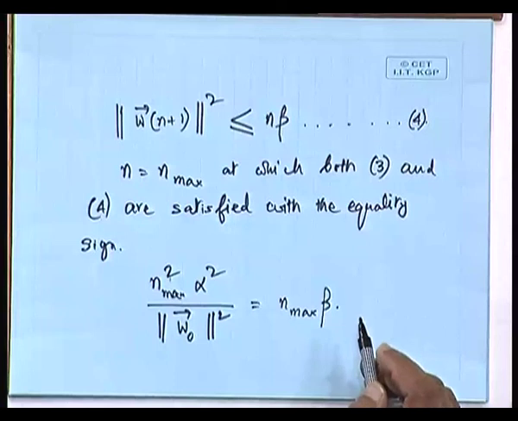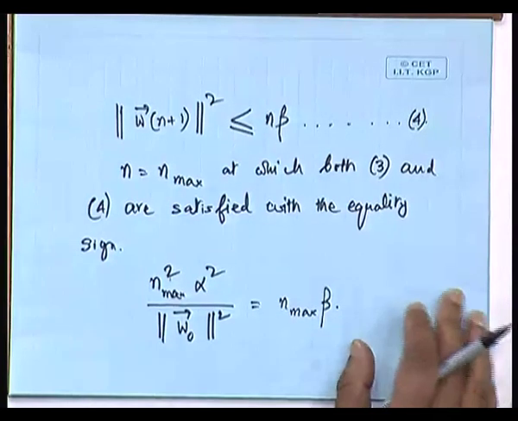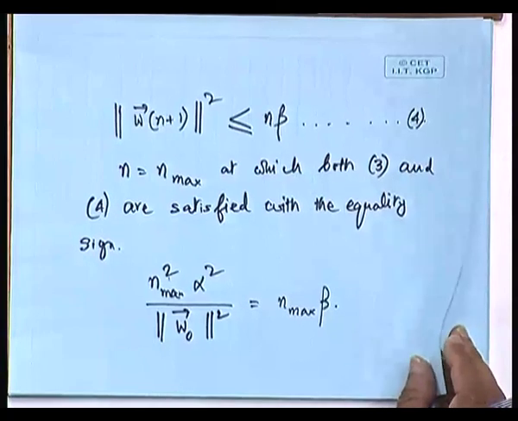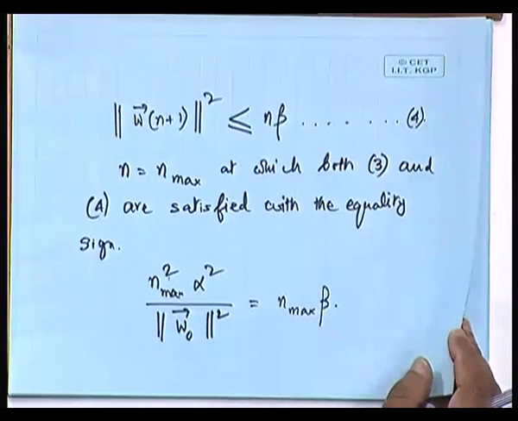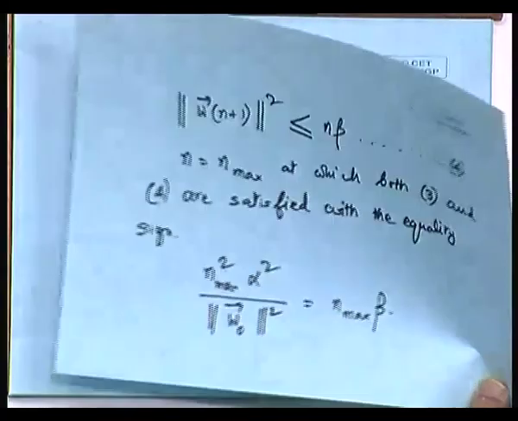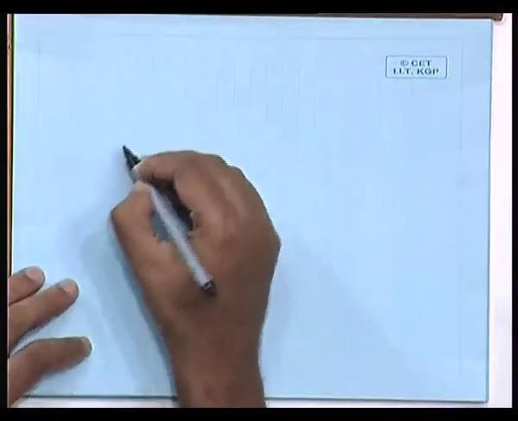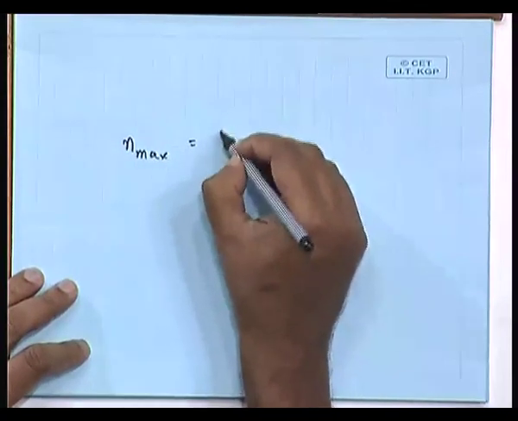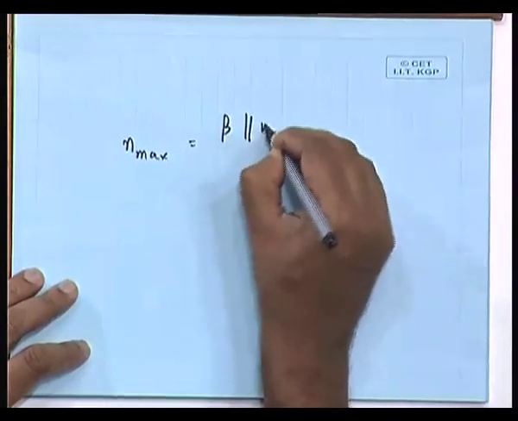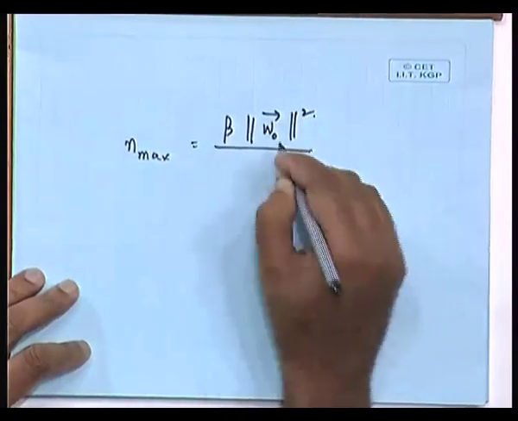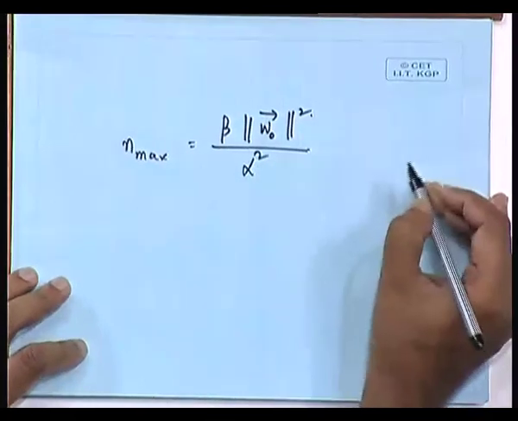From here we can obtain the limit on n max: n max is equal to beta W 0 square by alpha square. This is the limiting value of n.